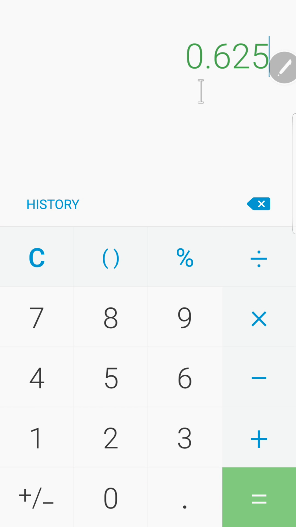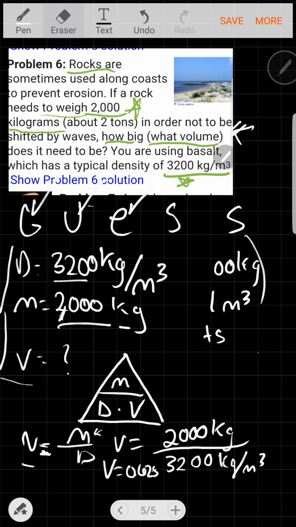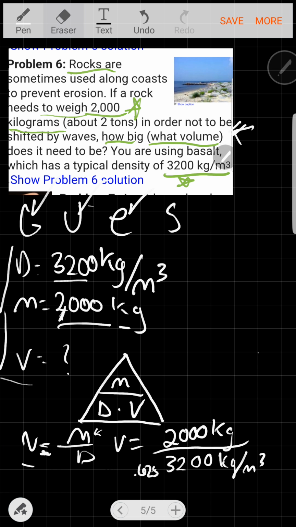That's going to give me 0.625. So my V is going to equal 0.625. Is that my answer?